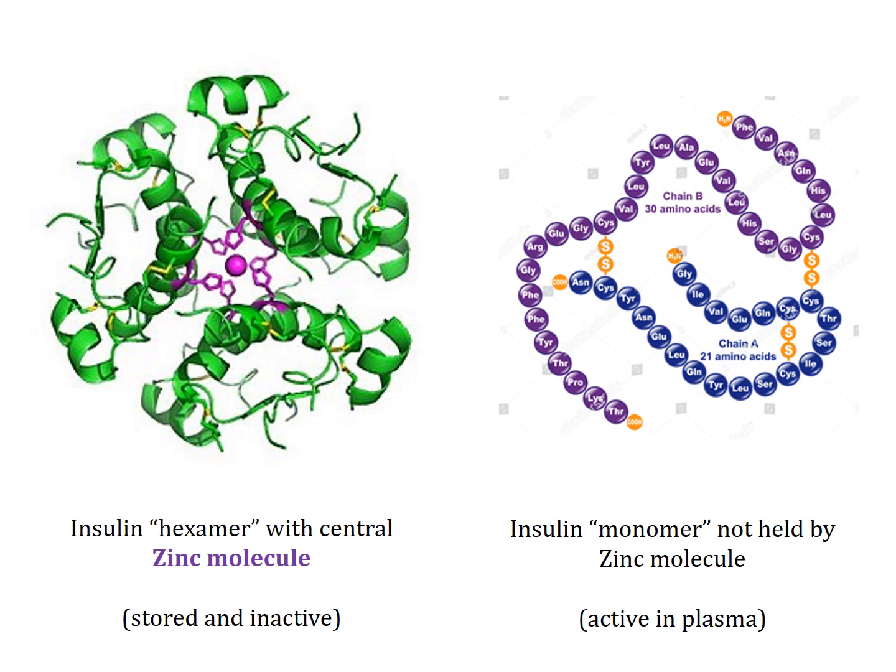So it's the monomer, it's the A and the B chain together, which is binding on the insulin receptor and doing the activity. But when released, it's initially released as a hexamer, 6 of those double-chained insulin molecules held together by a centralized zinc molecule. So that's the importance of zinc to insulin.